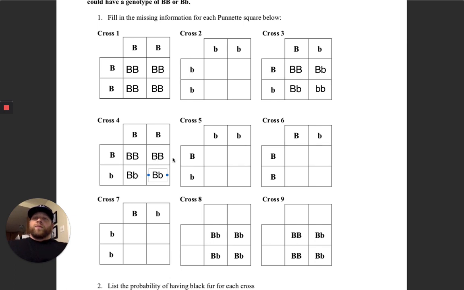However, half of their offspring potentially would be heterozygous, and the other half potentially would be homozygous dominant. Okay, they wouldn't be able to have any homozygous recessive because they only have 1 of the parents with the recessive allele. You see how that works. Okay, let's jump over to number 5 here.